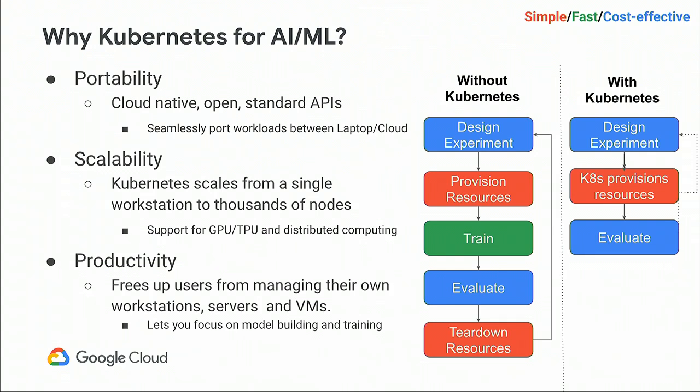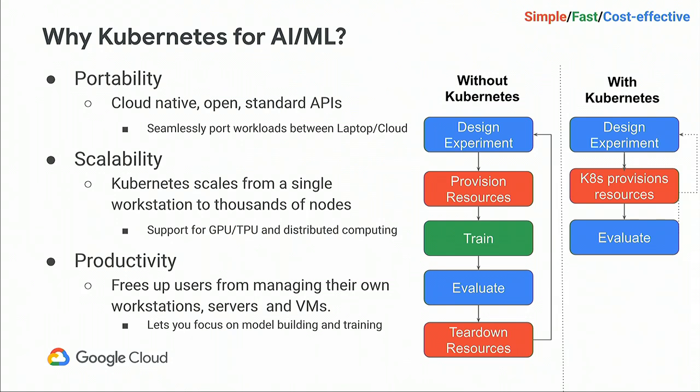Number two, it makes your workload scalable. You can scale from a single node to thousands of nodes. Also, Kubernetes supports hardware accelerators such as GPUs and TPUs and provides you higher level abstractions like autoscaling or auto provisioning, which makes scaling your workload super simple and easy.